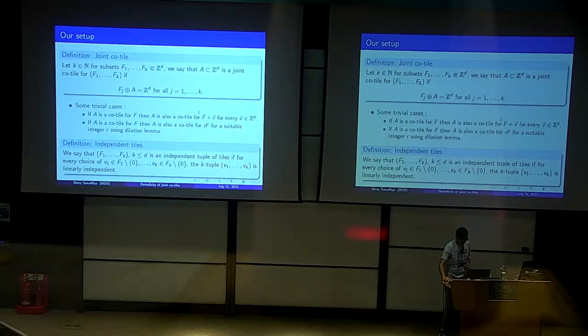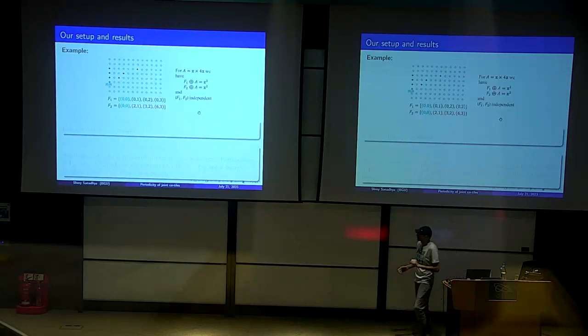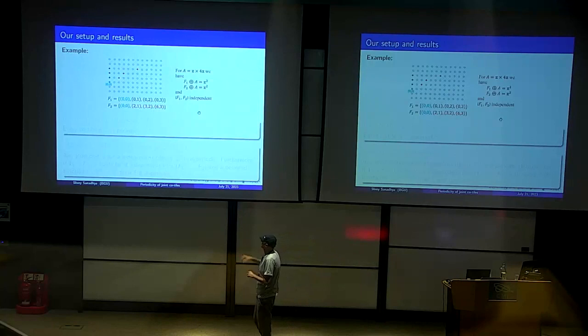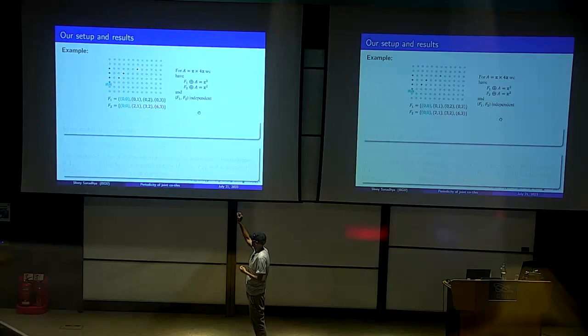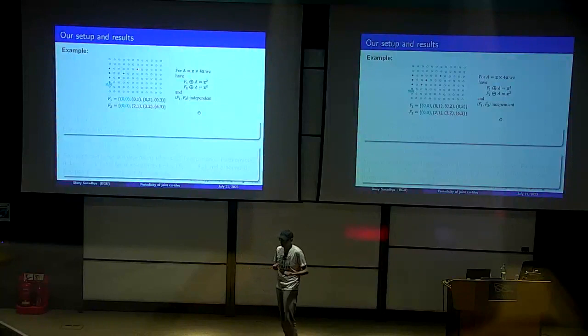With this definition, first of all, let me give an example. F1 is this blue element 0, 0, and the black points, and F2 is blue and the red points. You can check that if you pick a point from F1 minus 0 and a point from F2 minus 0, then they are linearly independent.